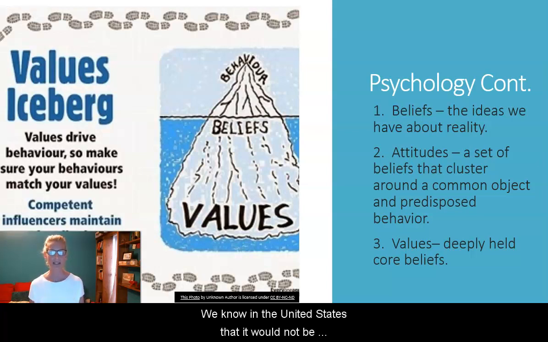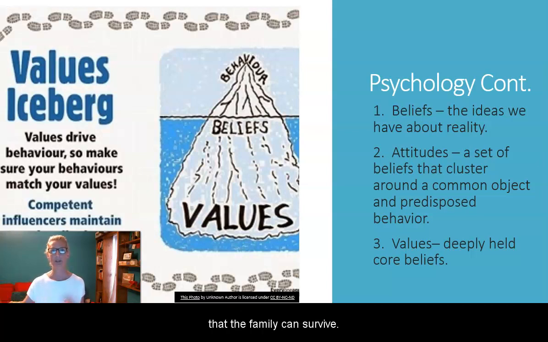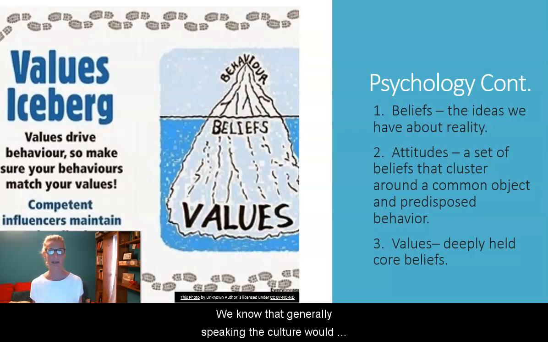We know that in the United States it would not be acceptable for anyone to sell their child into sex slavery so that the family can survive. Correct? Generally speaking, the culture would not approve of that. People would feel great shame over doing something like that. Most people would never even think about doing something like that.